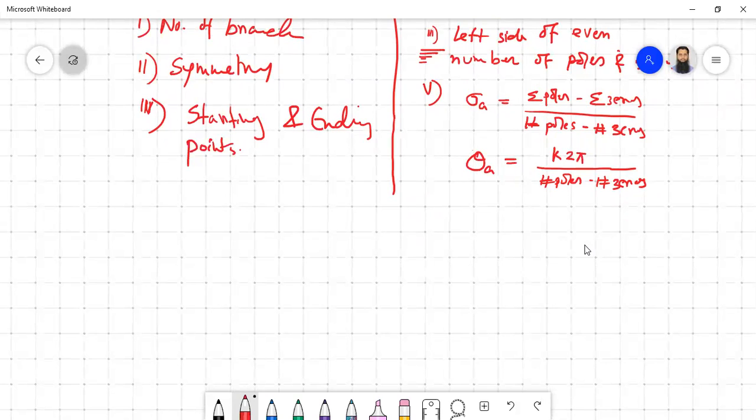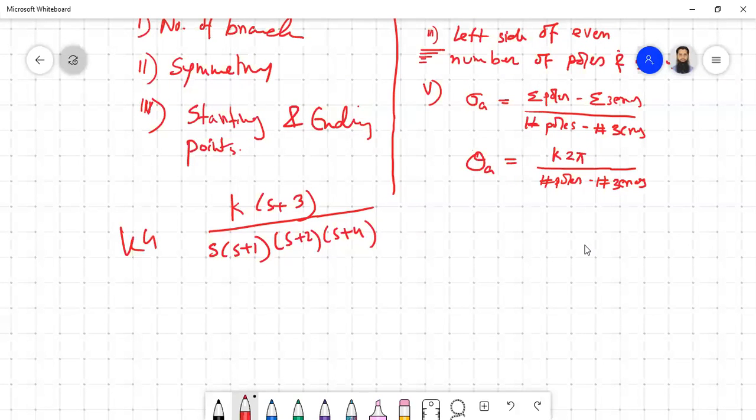One of the examples that we have seen is for a closed loop transfer function like this, K(s+3) over (s+1)(s+2)(s+4). Common one, we already used this one. So for this one, H(s) is 1.